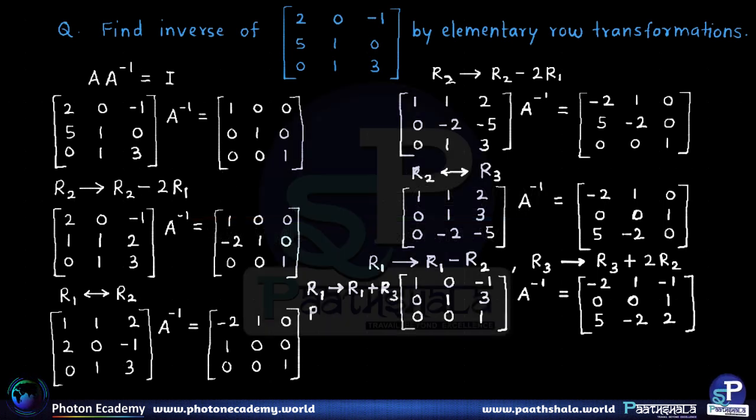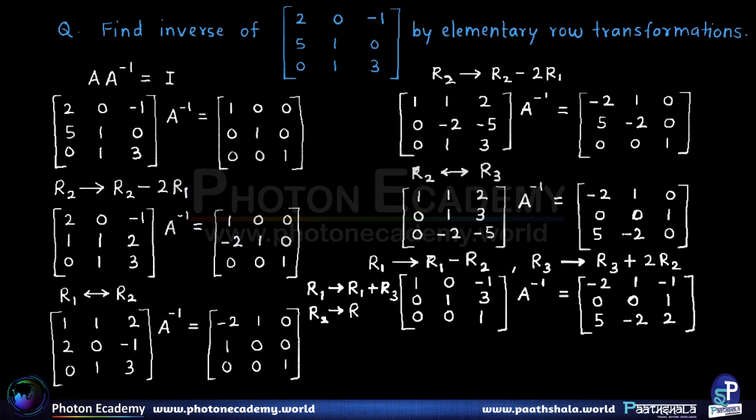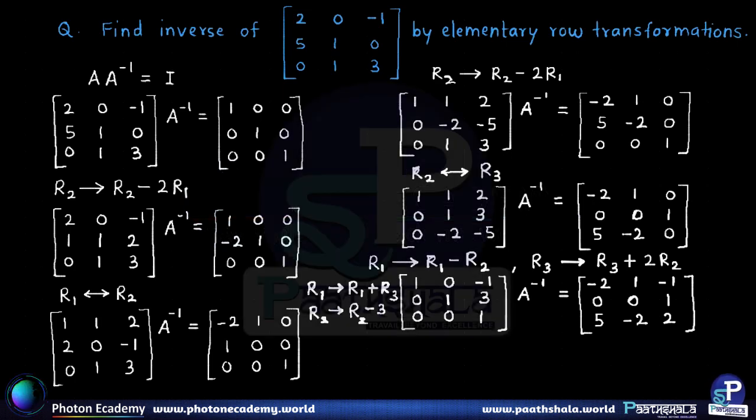That is, to the second row, the operation that we do is from the second row we subtract 3 times the third row. That is, from R2 we do R2 minus 3 times R3.